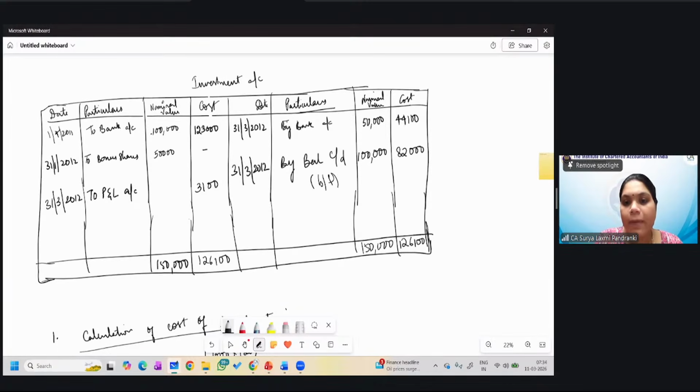If you say balancing figure also, it is fine. But according to the standard also, it should be at cost or market value, whichever is lower. Since the cost is only lower here, this balancing figure is matching your cost or market value, whichever is lower. If market value was lower, then this will not match.